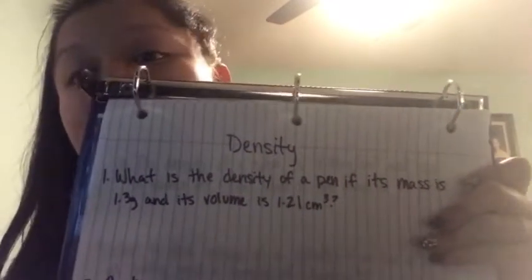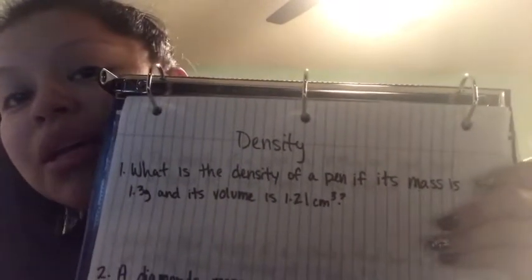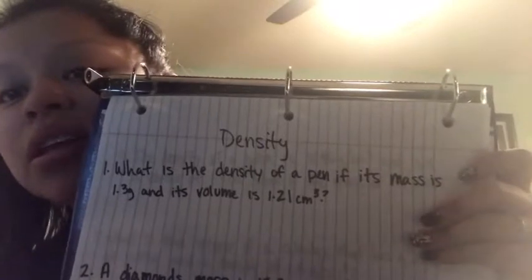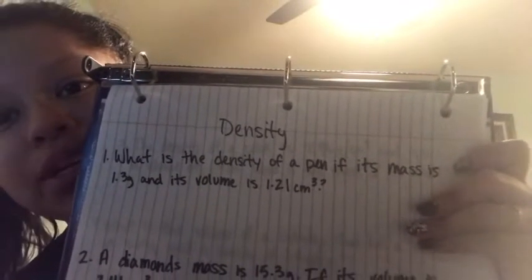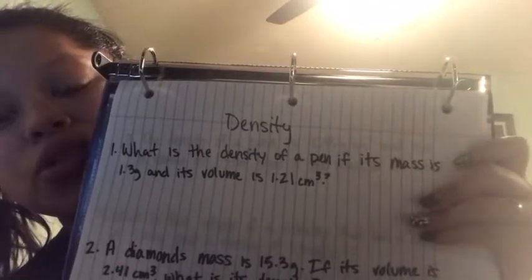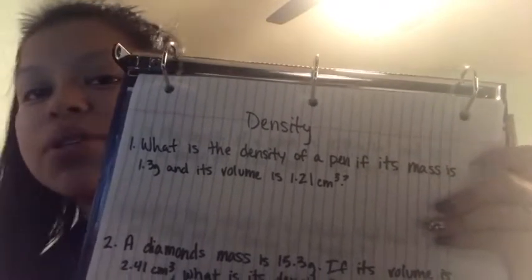So for the first problem that we have, it says, what is the density of a pin if its mass is 1.3 grams and its volume is 1.21 centimeters cubed?